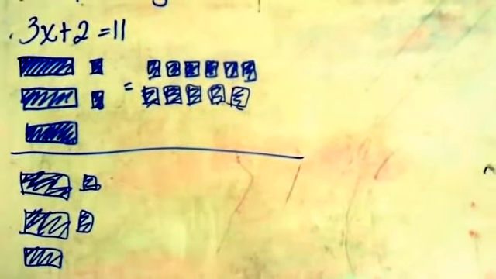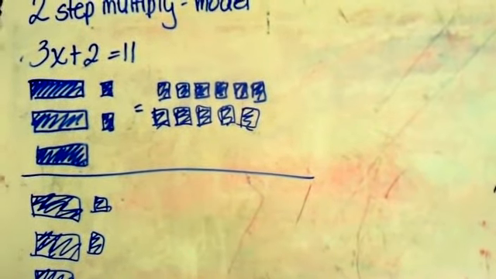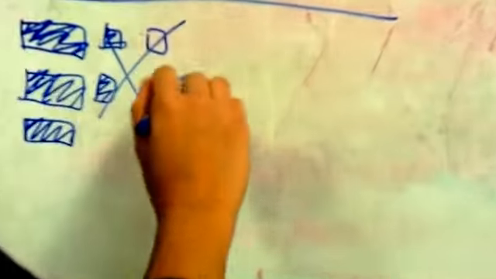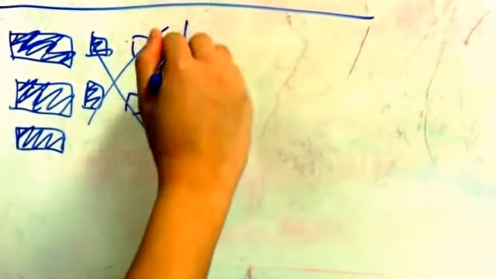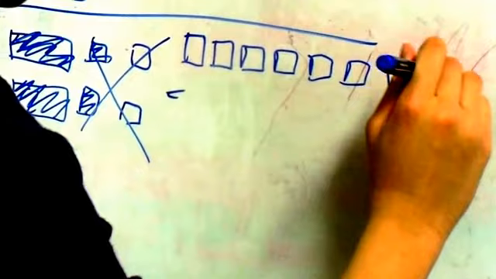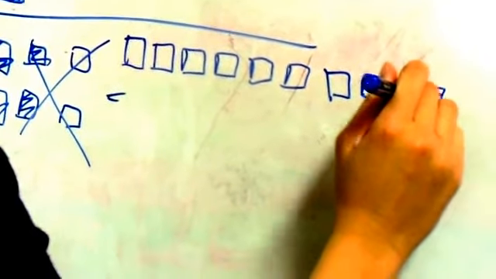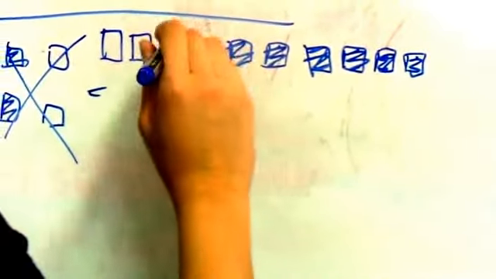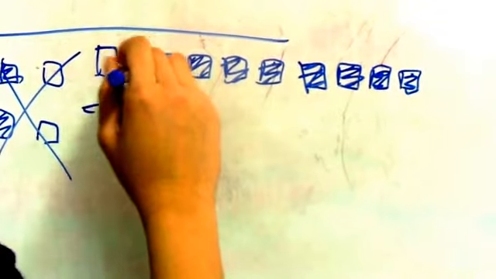Okay, now we need to cancel the constant. So by that, add a zero pair to positive 2, which is negative 2. So now we have shown that we have canceled the constant. And you want to balance it on both sides. And there's your zero pair.